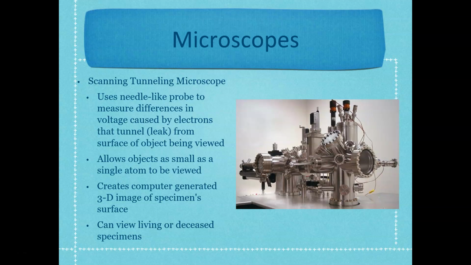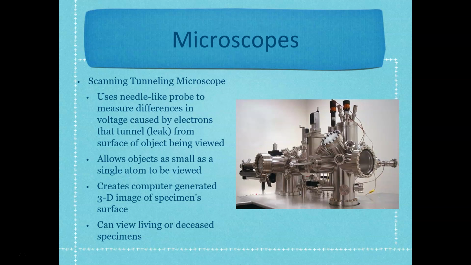So any of us are slowly decaying. We talk about it as like radioactive decay and that kind of thing. Similar to that. And so those electrons are getting bounced off, and these scanning tunneling microscopes are able to read those electrical differentials and take that information to a computer, and that computer then can produce an image.